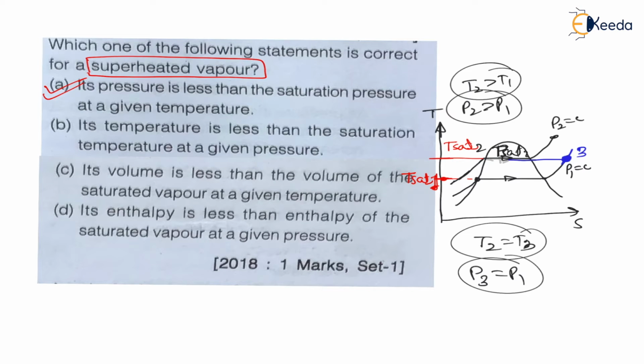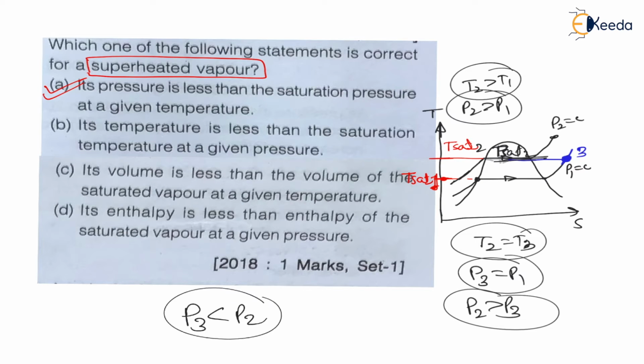Therefore P2 is more than P3, that means pressure is less than saturation pressure, because T2 is equal to T3. At temperature T3, the saturation pressure is P sat here, but we have pressure less than P sat. Therefore, whenever pressure is less than saturation pressure, the substance will be in superheated state. Option A will be the correct choice.